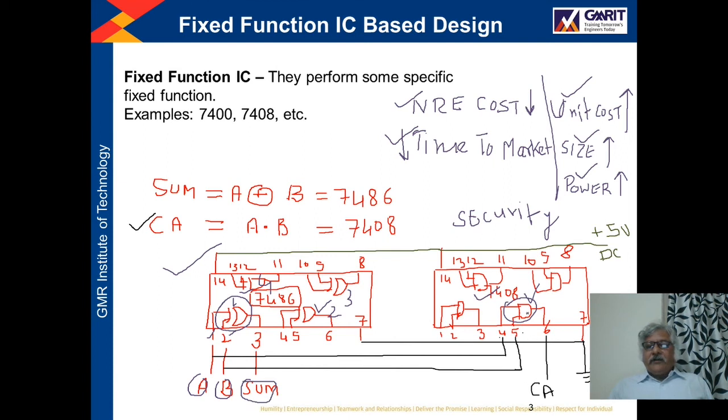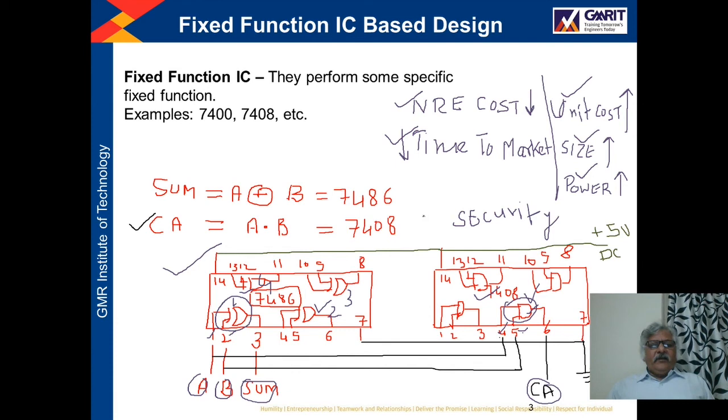In this 7408, pin number 4 and pin number 5 are the inputs connected to A and B, and pin number 6, which is the output, is your carry. So your competitor can copy your circuit very easily. So design security is not there. This is a disadvantage.